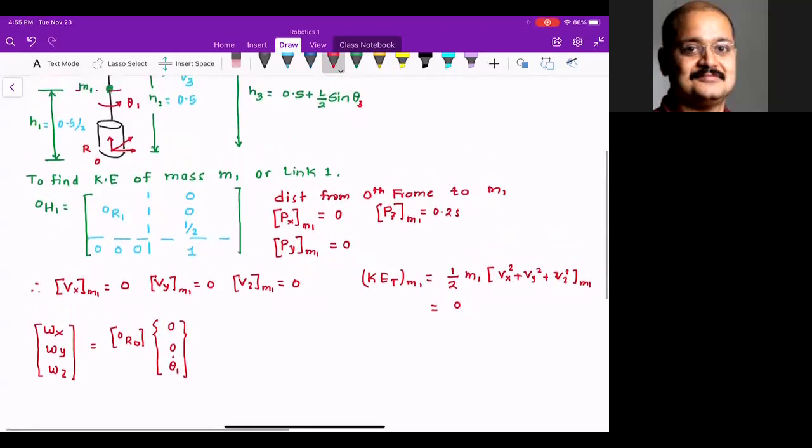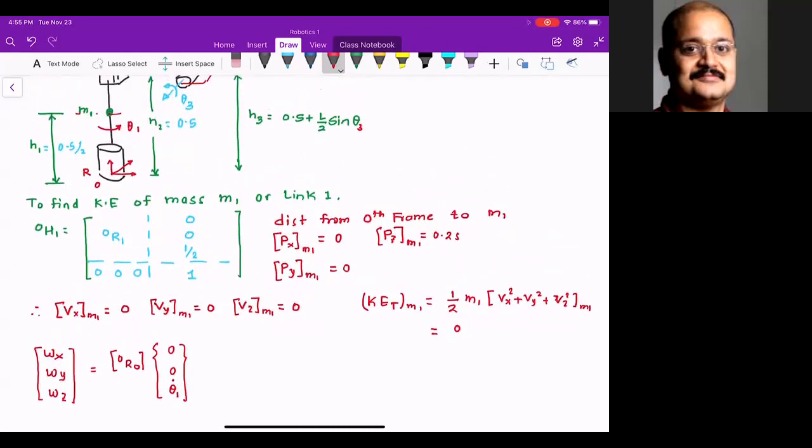So what this means, omega x is the angular velocity about x, omega y is the angular velocity about y, omega z is the angular velocity about z.